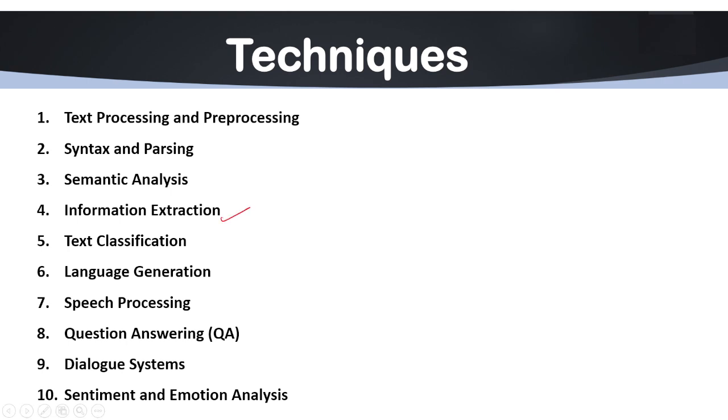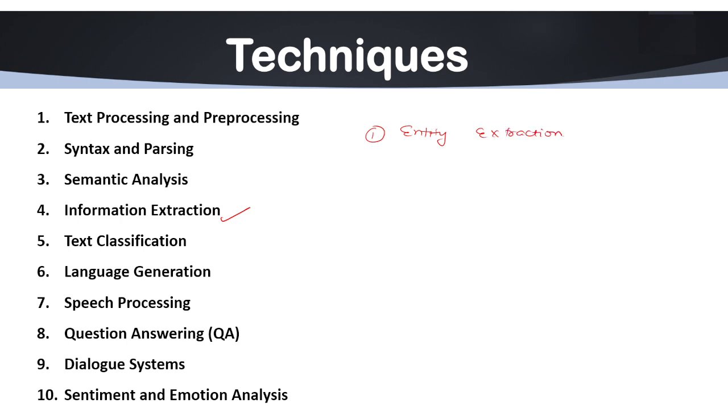So basically these techniques under information extraction are used to identify and extract the meaningful information from a given text. Like in any AI platform like ChatGPT or anything, if you copy paste any kind of text there, you can easily extract meaningful information out there with the help of information extraction NLP tool. So under information extraction, we have the first technique, that is entity extraction.